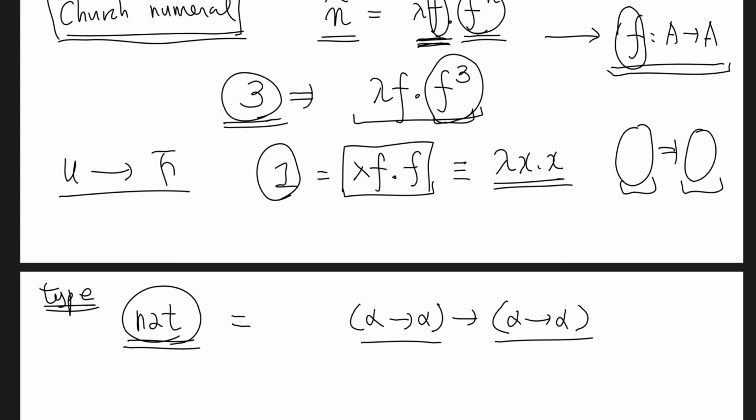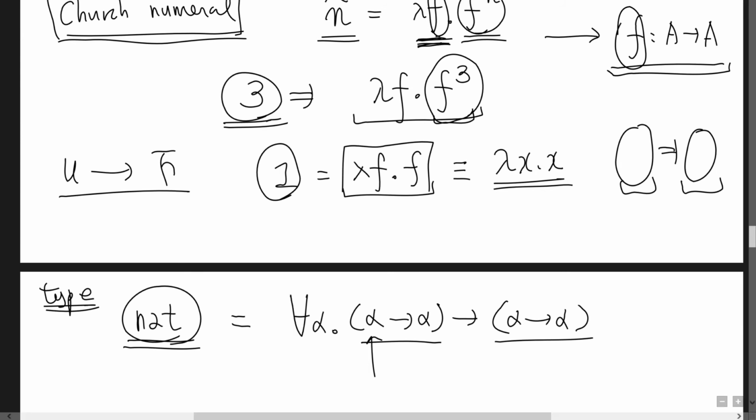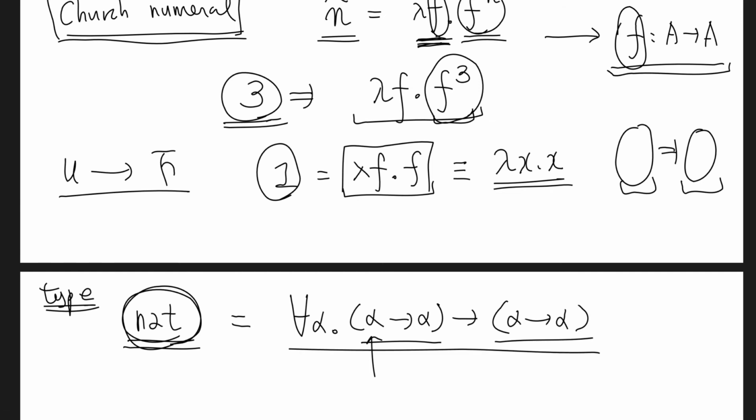But we cannot use an arbitrary type variable alpha here, so we have to explicitly introduce it using this forall alpha. So type Nat can be encoded as this polymorphic type. Now it's much easier to see what is going on in the encoding of Church numerals just by looking at this one.